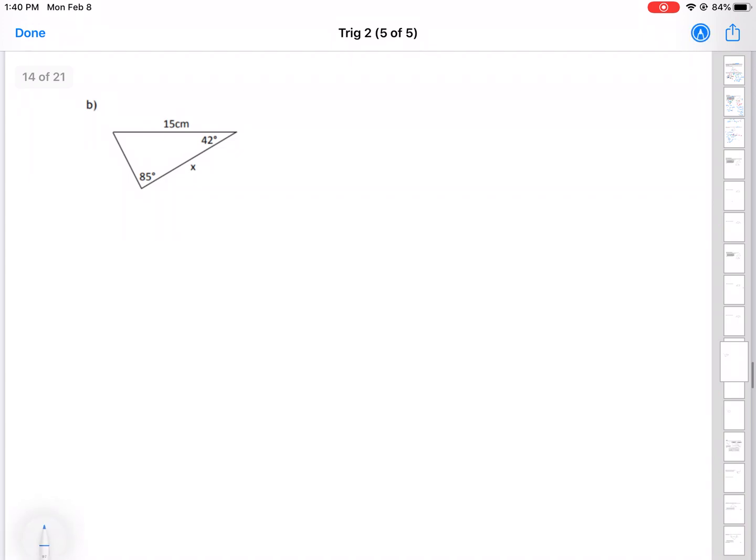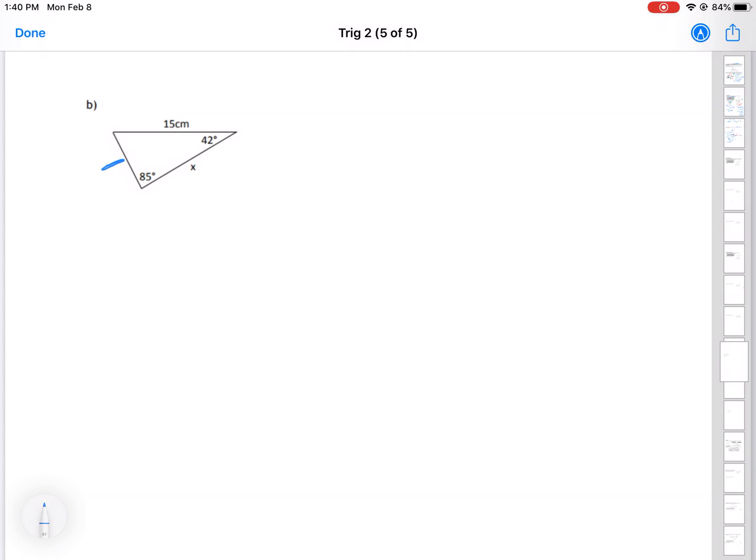Now the next question here, we're looking for a side. We don't have two sides with an included angle, therefore it has to be the sine rule. Okay, try and use the cosine rule to find x, and you'll realise that, well, actually I don't have this other side, so I can't possibly use the cosine rule to find x.